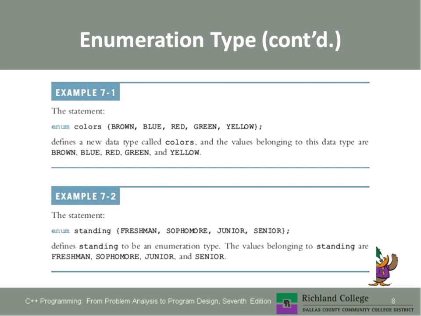Because right now, if somebody assigns black to colors, that's going to create a compiler error saying that black is not a valid color. And same thing with, let's say, white. If you try to assign white, white is not in this list. So in order for colors to take up the value of white, you would have to add white to the enumeration list.